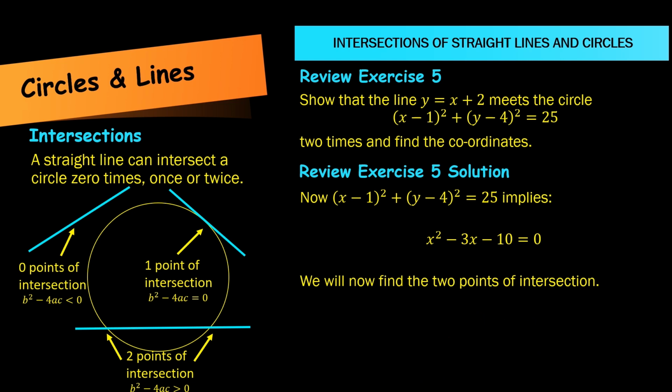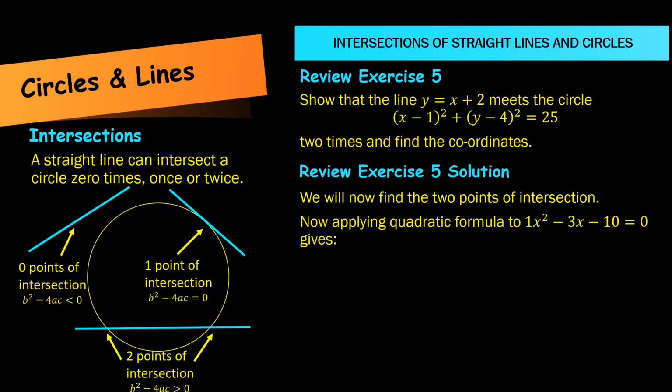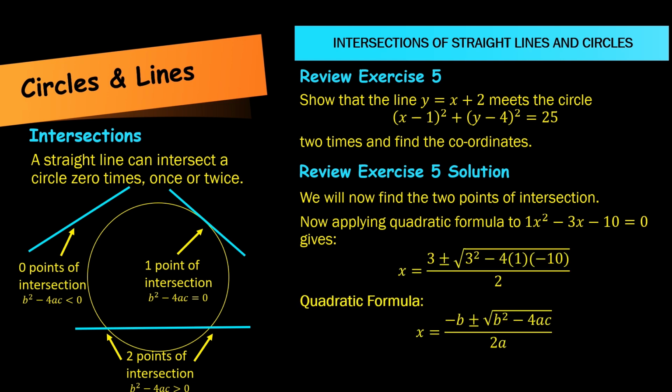Applying the quadratic formula to 1x squared minus 3x minus 10 equals 0 gives x equals minus minus 3, which is plus 3, plus minus the square root of minus 3 squared, which is b squared, minus 4ac, which is minus 4 times 1 times minus 10, all over 2a, which is 2 times 1.